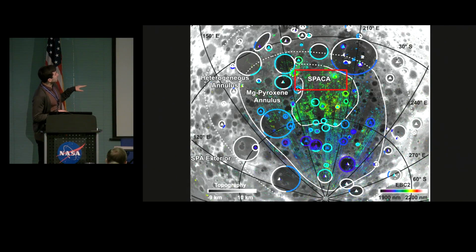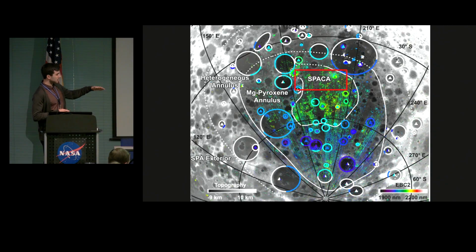I'm not going to talk much about the magnesium pyroxene annulus or the heterogeneous annulus today, but we did have a paper come out in JGR earlier in the year that pretty thoroughly describes those. The basic takeaway is that the magnesium pyroxene annulus is a vast region over 1,000 kilometers across, which exhibits a fairly uniform and very vertically thick deposit of magnesium pyroxene-bearing material.